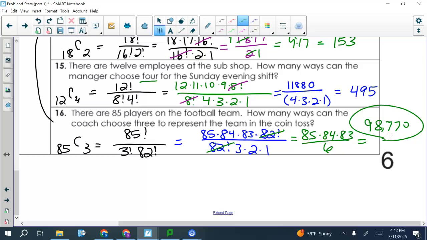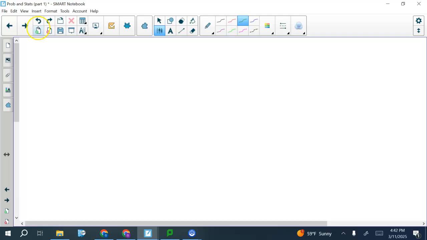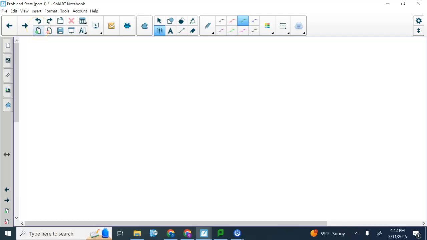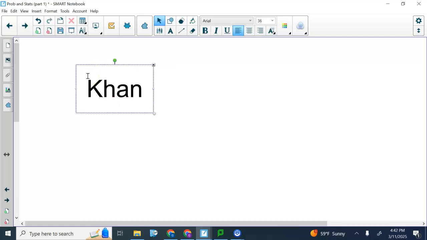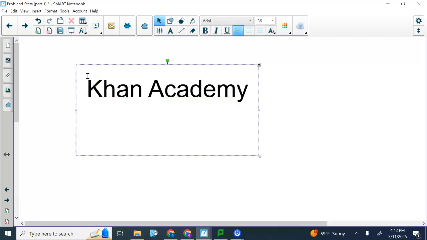All right, so what I want you to do, I want you to work on the Khan Academy. We had one yesterday, and now we had 2 yesterday and 1 today. So the 3 Khan Academies. One is the counting principle.